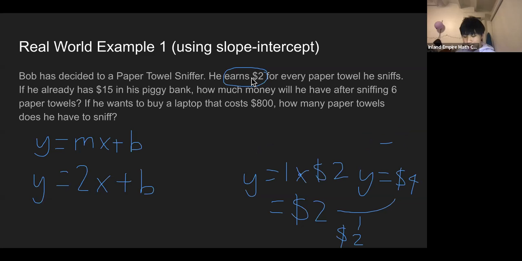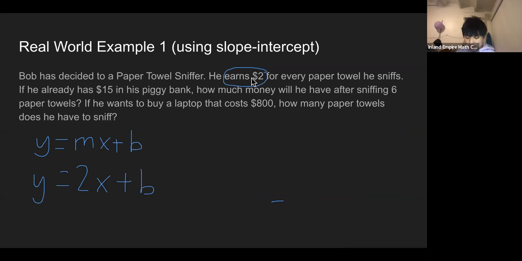So next what we need to look at is, well, what is B, right? In this case, B would just be the amount that he starts with, because if he has sniffed, say, 0 paper towels, if X equals 0, well then isn't that kind of just what we did before? B is what Y would be when X equals 0. When X equals 0, that means that he hasn't sniffed a single paper towel, and if he hasn't sniffed a single paper towel, then he's just going to have $15, right?